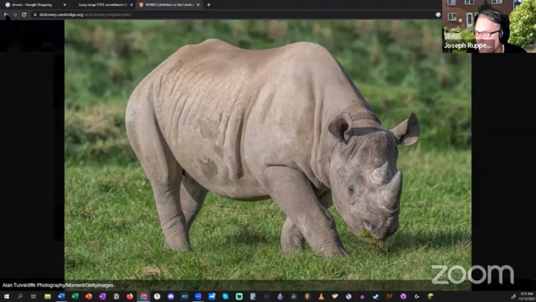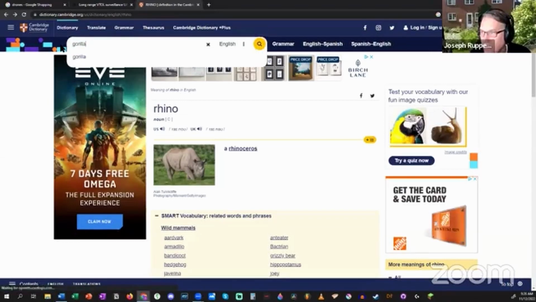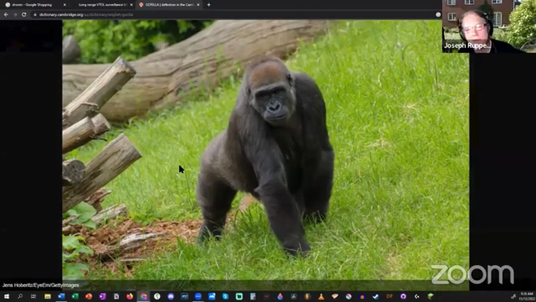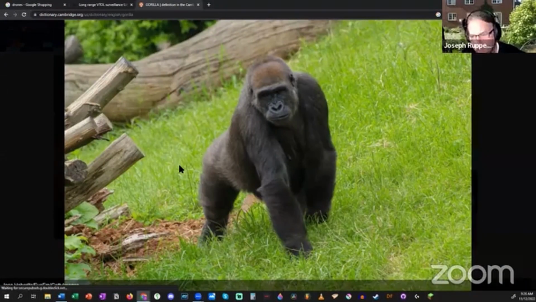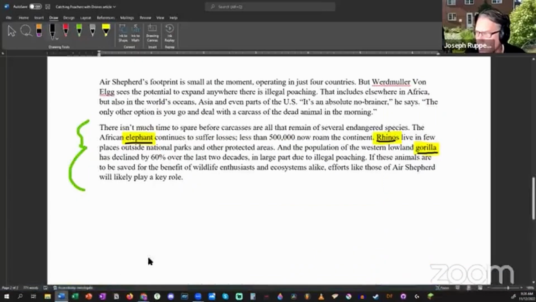Boom. All right, and then gorilla. So here they've given us three examples of what is getting poached, what is illegally being targeted by these poachers. All right, so we have elephant, rhino, and gorilla. And is that it?